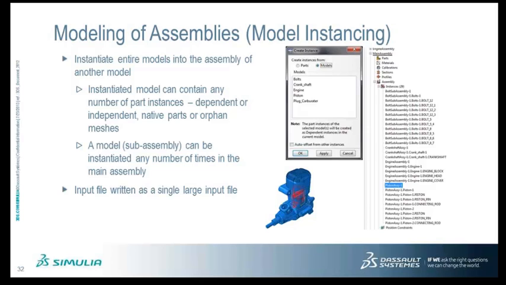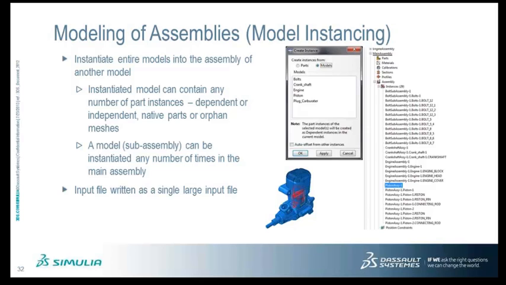The input file that gets generated from such models will be a single, probably large input file where all the child instances of all the model instances are written as a flat list of instances in a single star assembly block. The model level data such as mesh, materials, section assignments, stringers, etc. are carried into the main assembly, and also the materials defined in the subassembly model are also pulled in.